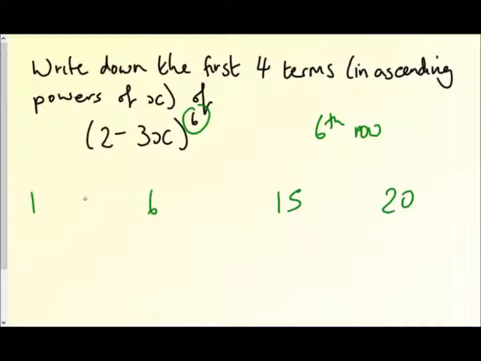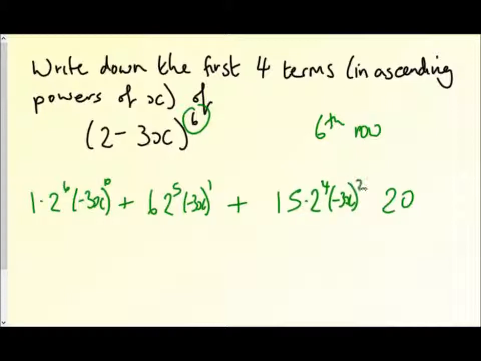Okay, then I'm going to have 2 to the power of 6 minus 3x to the power of 0. I'm going to have 2 to the power of 5 minus 3x to the power of 1. I'm going to have 2 to the power of 4 minus 3x to the power of 2. 2 to the power of 3 minus 3x to the power of 3.